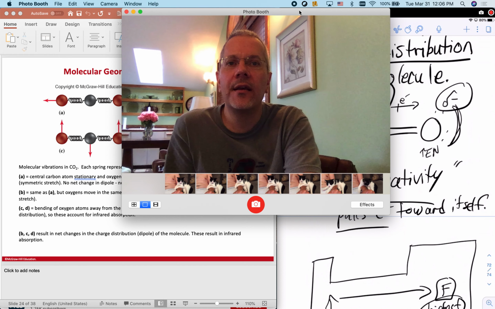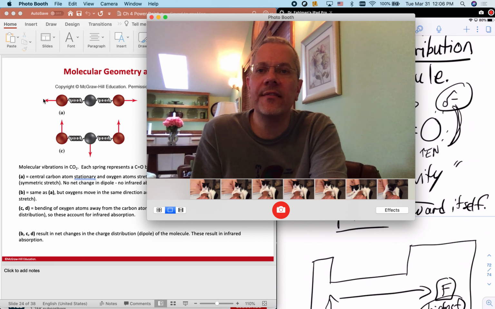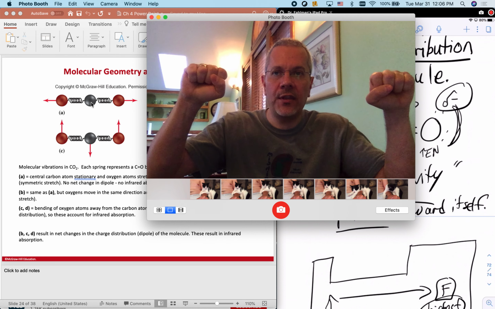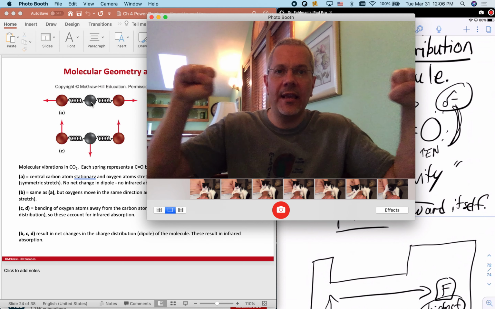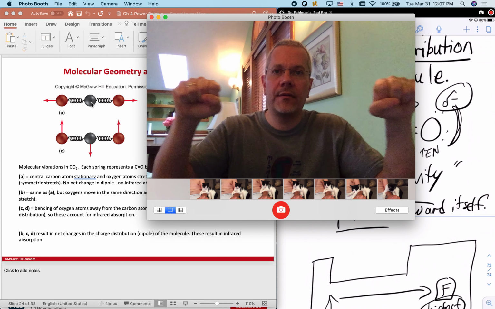Okay, so if we look at A here, A's stretching, you can think of these as the oxygen atoms, and then I guess my head is the carbon atom, and this is called a symmetric stretch, where they're going out and in at the same rate, okay?